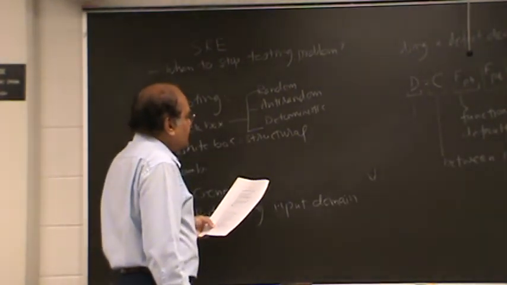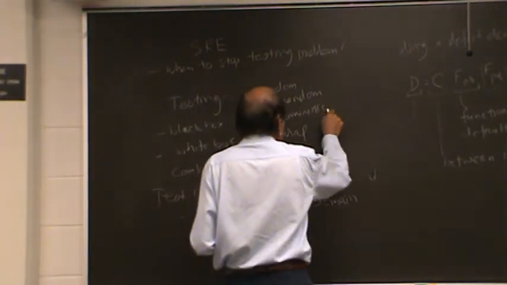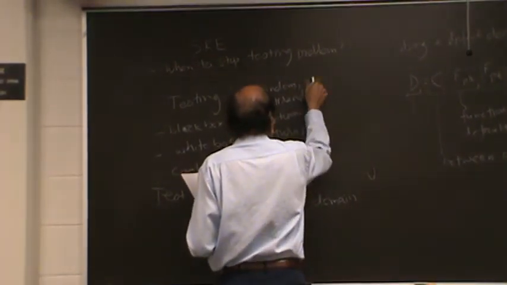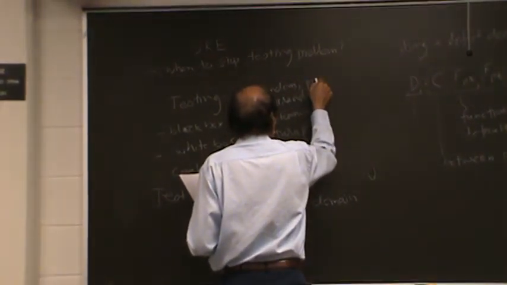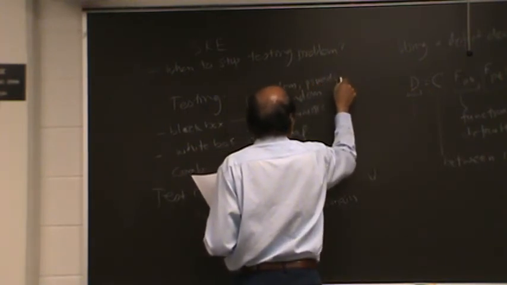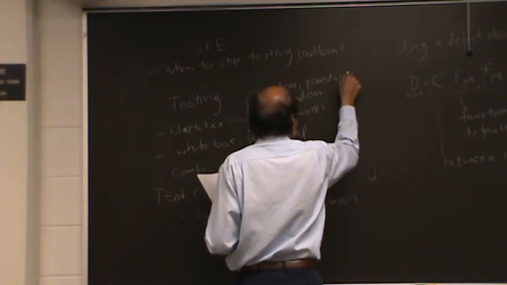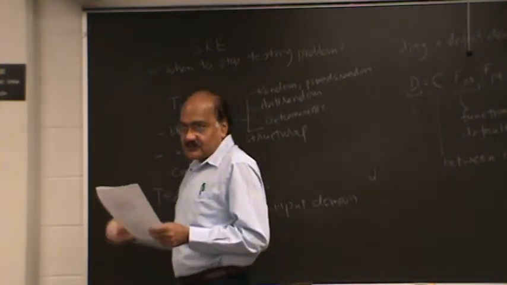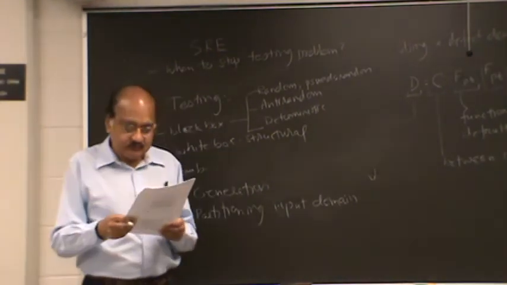Pseudo-random is actually deterministic. Let's do pseudo-random here. Strictly speaking, pseudo-random is deterministic because it's repeatable.